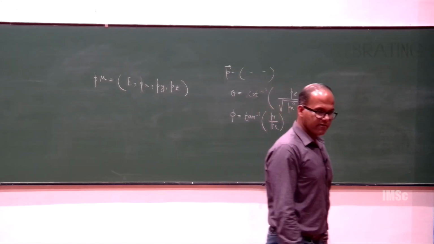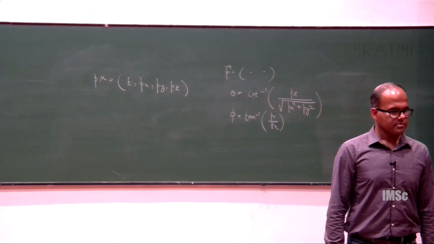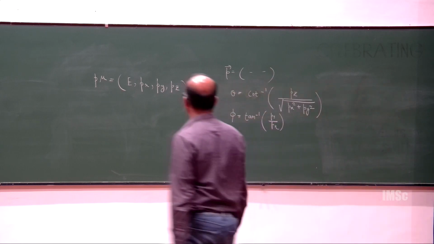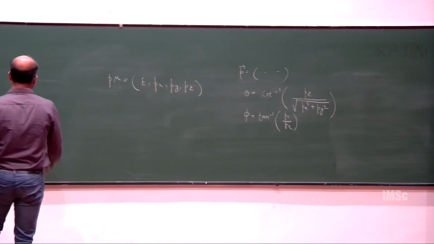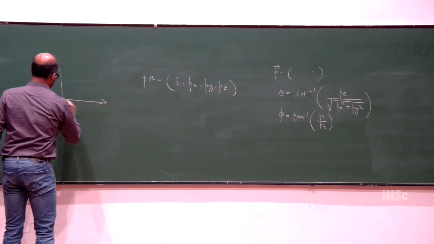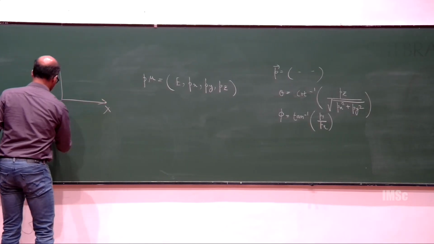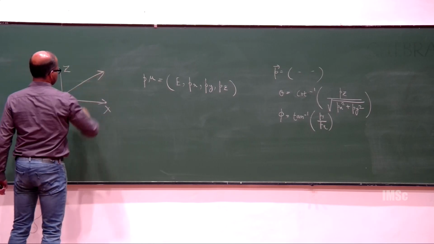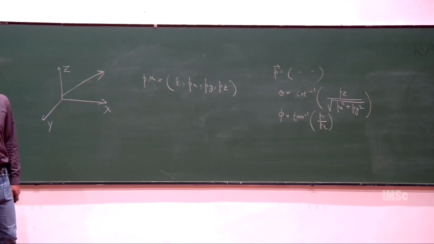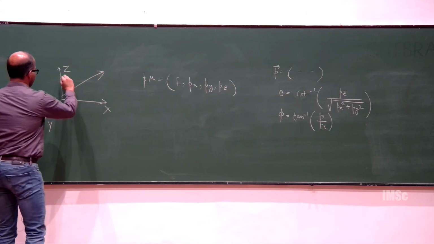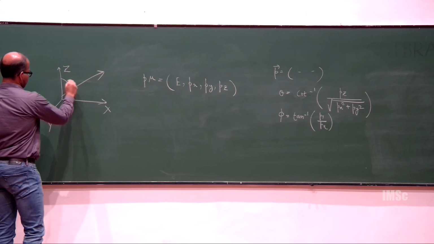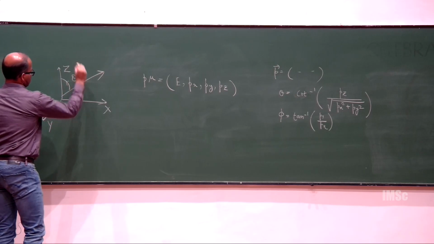Theta is the polar angle, phi is the azimuthal angle. Okay, so if you want to see what's happening, there is a 3D space, x, y, and z. A particle is flying in this direction. This is the direction of the momentum, and the angle the motion of the particle is making with the z-axis. Okay, this is theta.